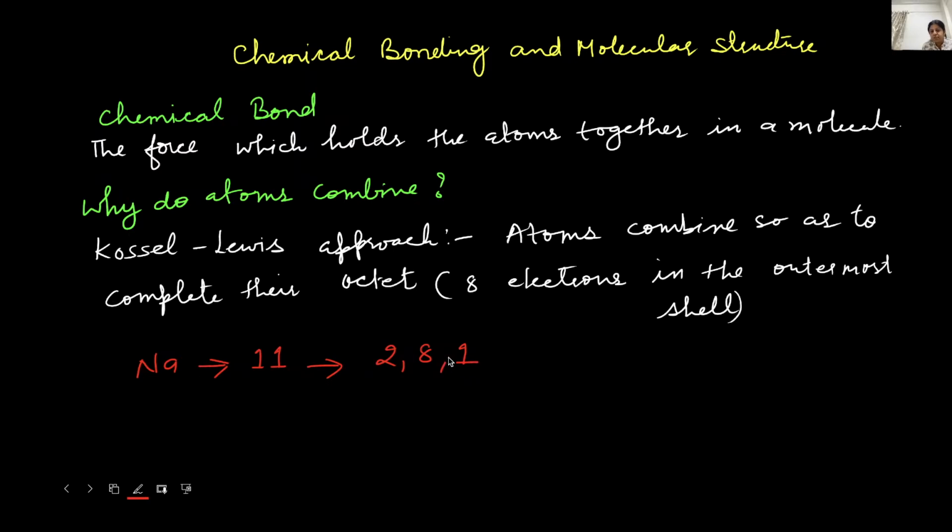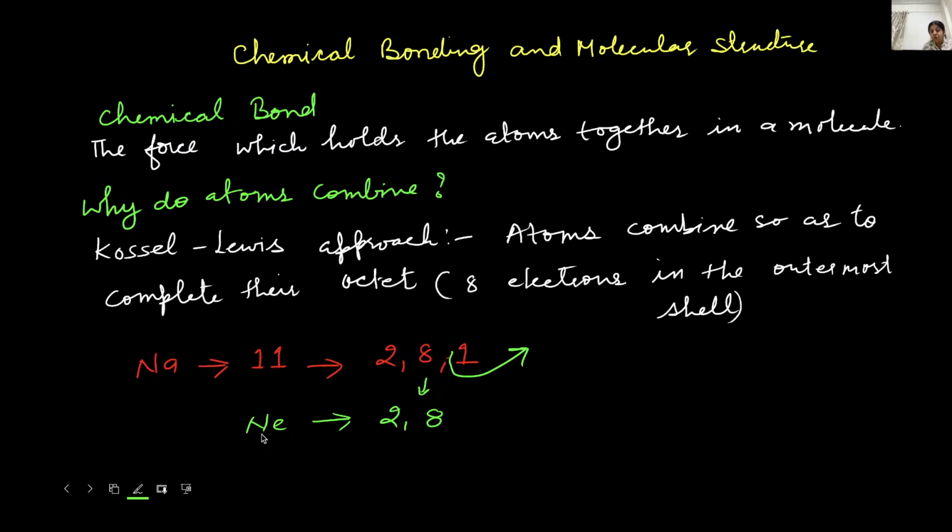If it loses this extra electron, then it will achieve the noble gas configuration, isn't it? Is it right, students? If it loses this one extra electron, then the electronic configuration will change to 2, 8, which is the electronic configuration of the nearest noble gas to sodium atom, which is neon.